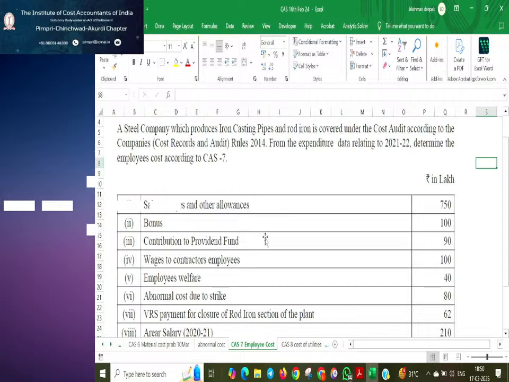Those who are online, are you not able to see the next screen that I am going through? Or is it taking time or delayed? Because I just switched over to Cost Accounting Standard 7. I don't know why it's not switching. Give me a second.